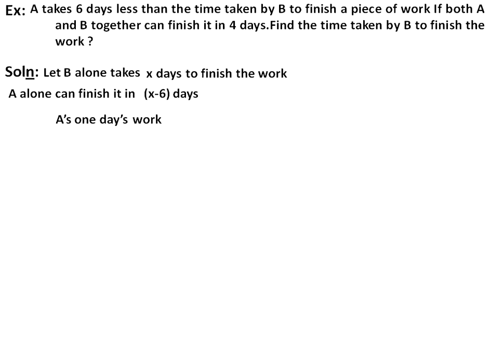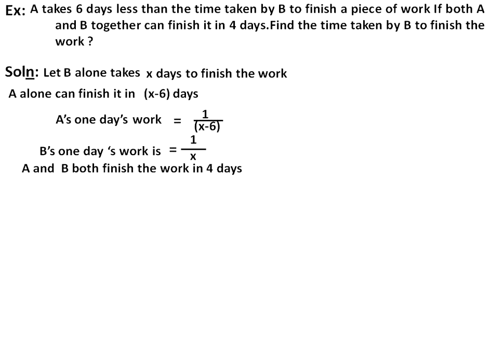A's 1 day's work is 1 divided by x minus 6. Then B's 1 day's work is 1 divided by x. Now A and B both finish the work in 4 days. Therefore A and B's work in 1 day is equal to 1 by 4.